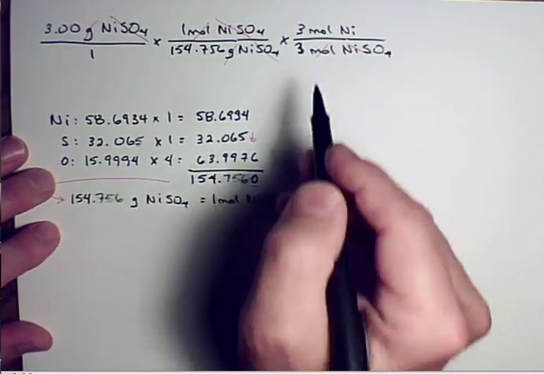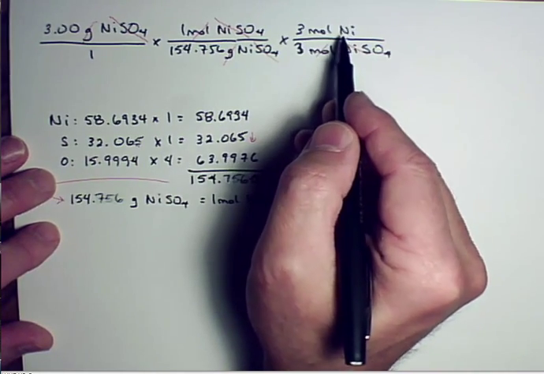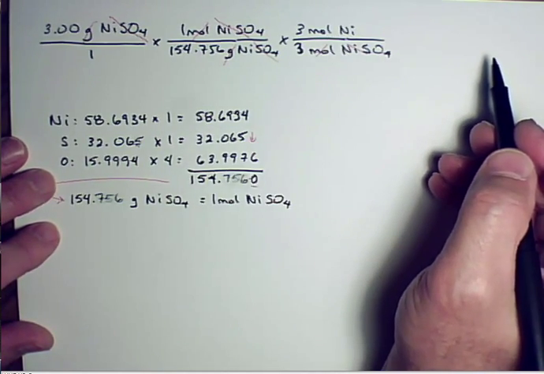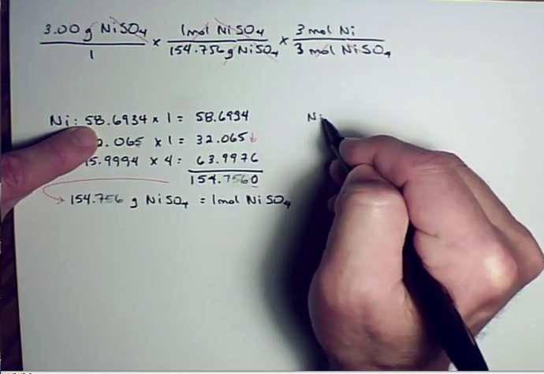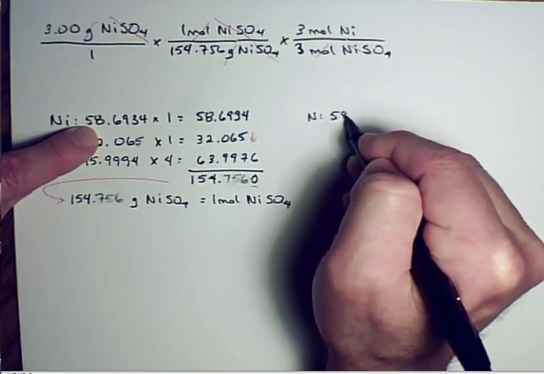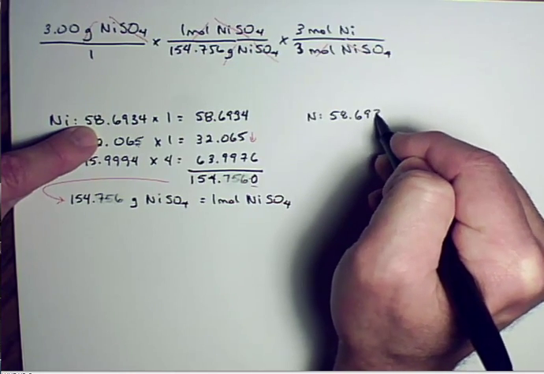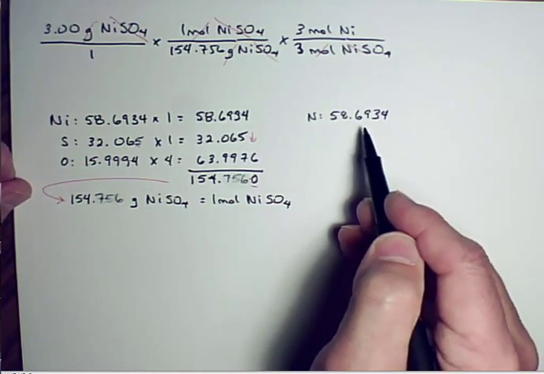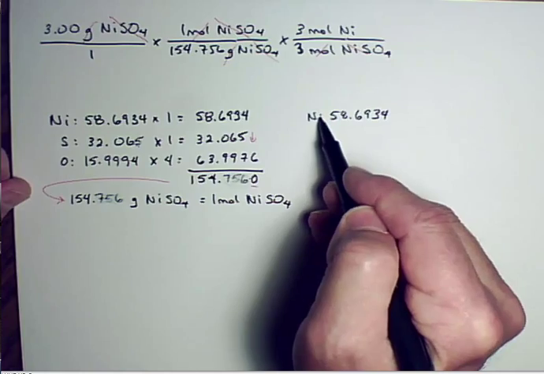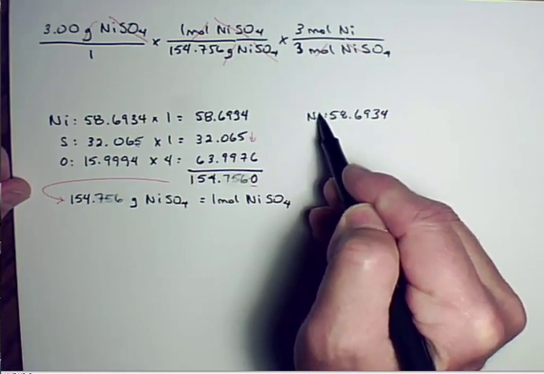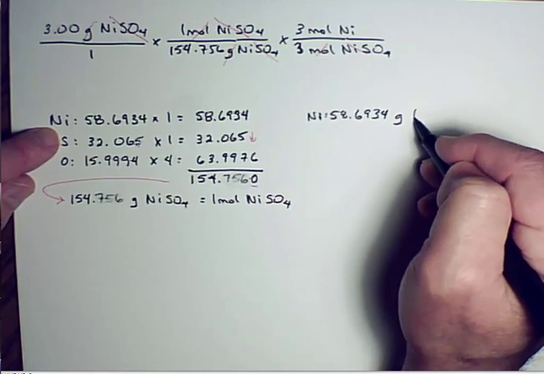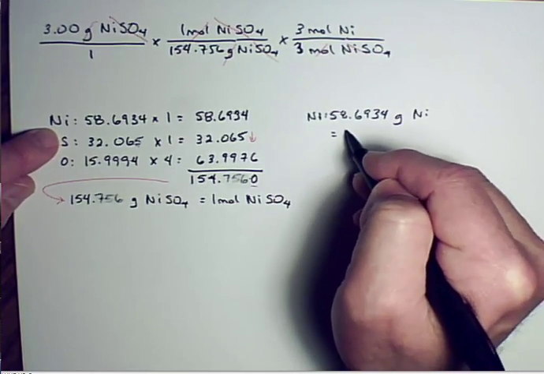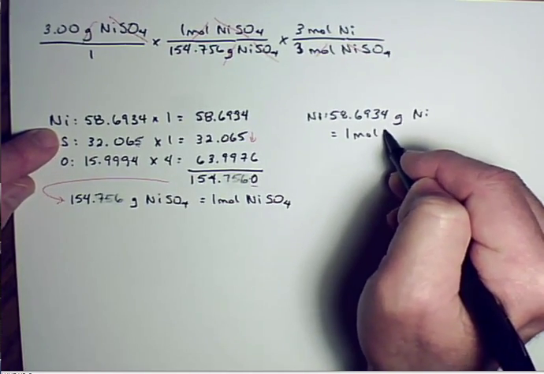And now we need to find the molar mass for nickel to get back to mass. Okay? I've already got that written down here, but let's write it out the way it's supposed to be. Here's nickel. It's 58.6934. Listen, there's only one nickel. Only one nickel here. And so that is the molar mass for nickel.